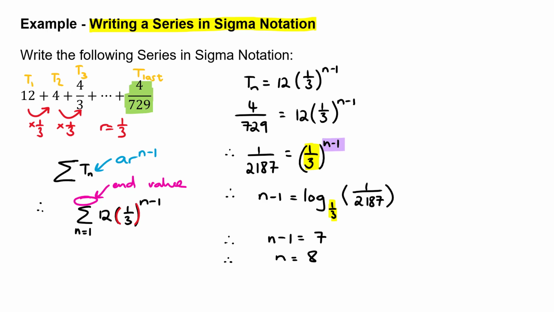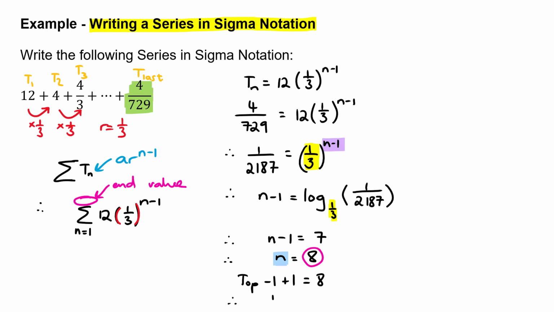But something that you need to be very careful of when dealing with sigma notation is that this n over here, or the position of the last term, is not necessarily the number of terms that you're adding together. So we still need to use that top minus bottom plus 1 formula. So the top number minus the bottom number plus 1 must equal this value there, 8.